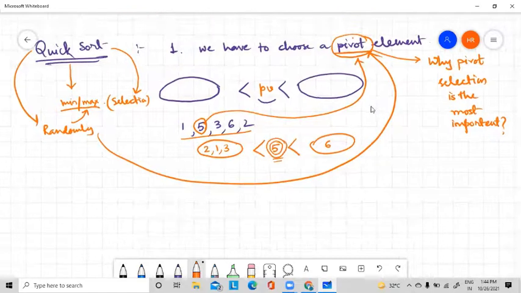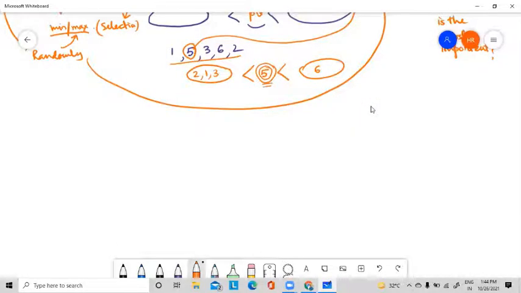Then comes the next part. After putting your pivot in its proper position, we will get two different subproblems. One side this one, another side this one. That's why it is called divide and conquer.